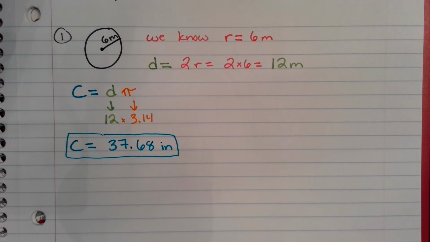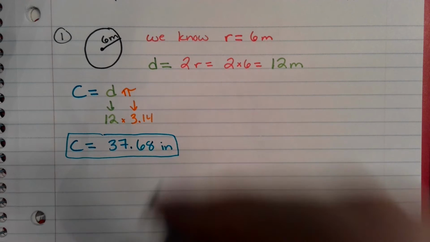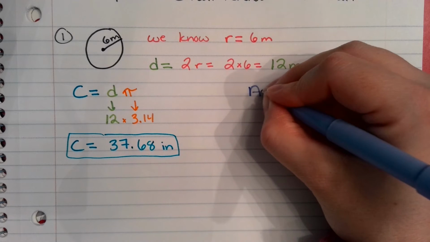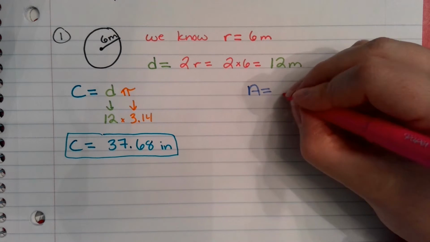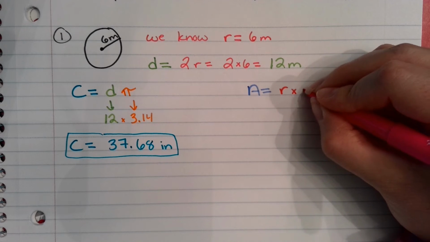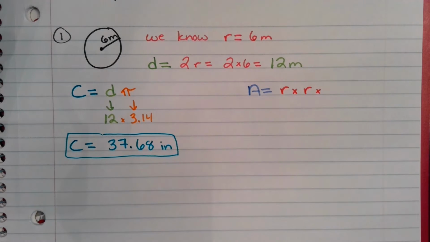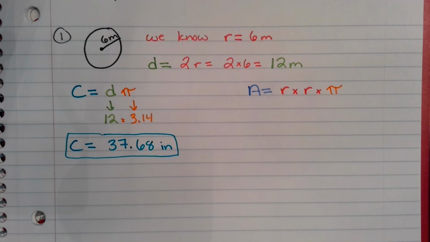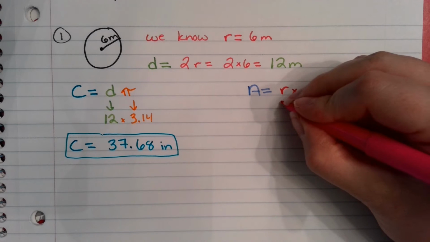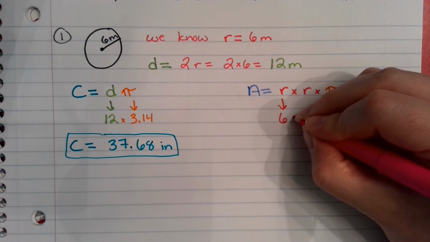Area. So for my area formula, remember area is radius times radius times pi. Again, we know that the radius is 6.